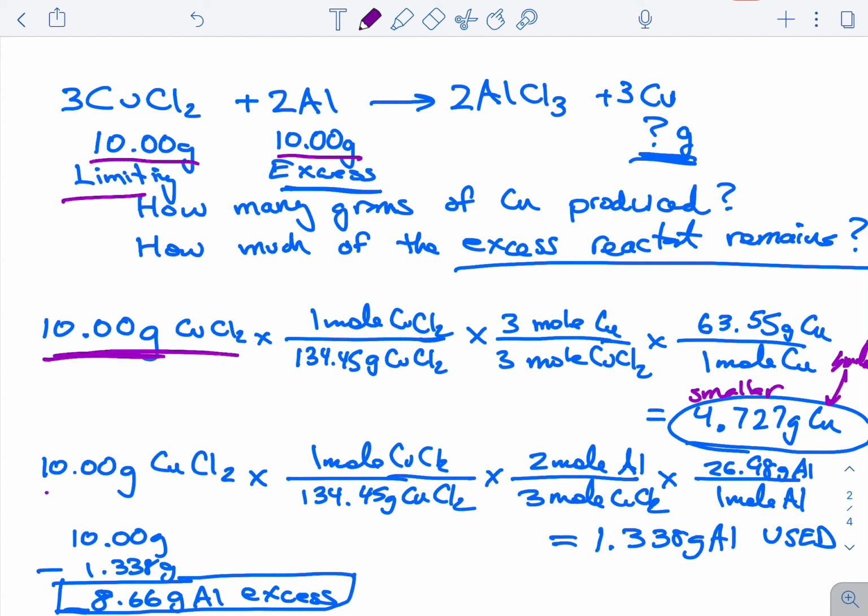We then can use the limiting reactant to go over to the excess reactant, figure out how much of the excess reactant is used reacting with that limiting reactant. And then we go back and subtract. We take our original amount, we subtract how much is used, and that tells us how much is left in excess. It's a little bit of a process. You'll get used to it once you've done it a few times. You'll see examples of this in the lab as well.